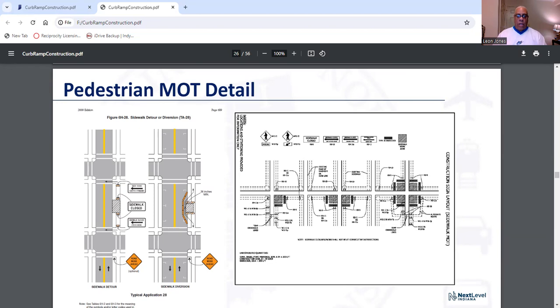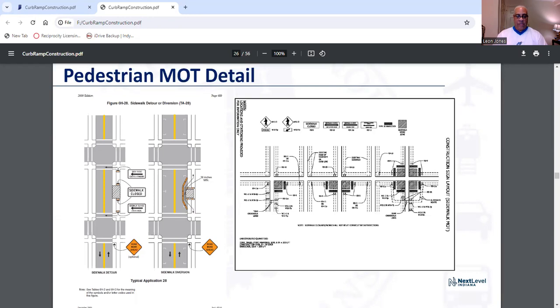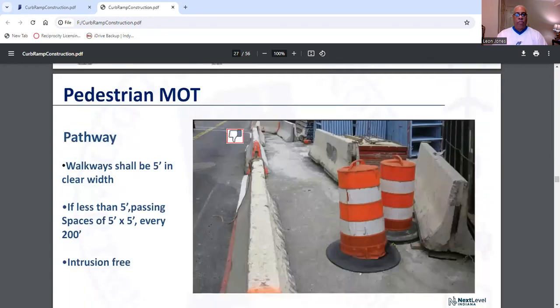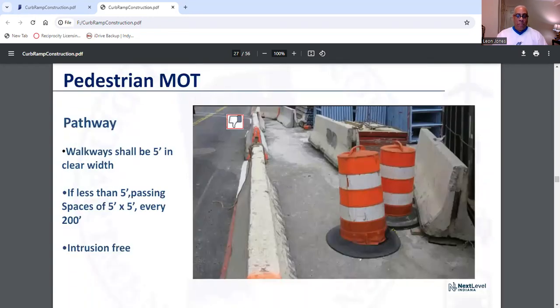And here's what the MOT for pedestrians looks like. You want to find everything in construction? Chapter 6. Here's pedestrian MOT. Pathway. Walkways should be 5 feet in clear width. If less than 5 feet, passing spaces of 5 feet by 5 feet for every 200 feet.